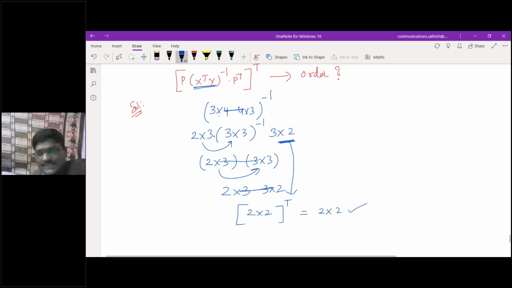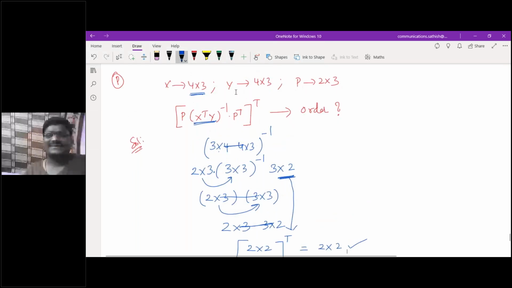Clear, ma? Sir, A transpose and A inverse are both the same, sir. What, ma? Sir, here we did X transpose, 3 into 4, no, sir. After X transpose into Y, 3 into 3 whole inverse, no, sir. Inverse also we should do transpose, meaning 3 into 3 only, sir.